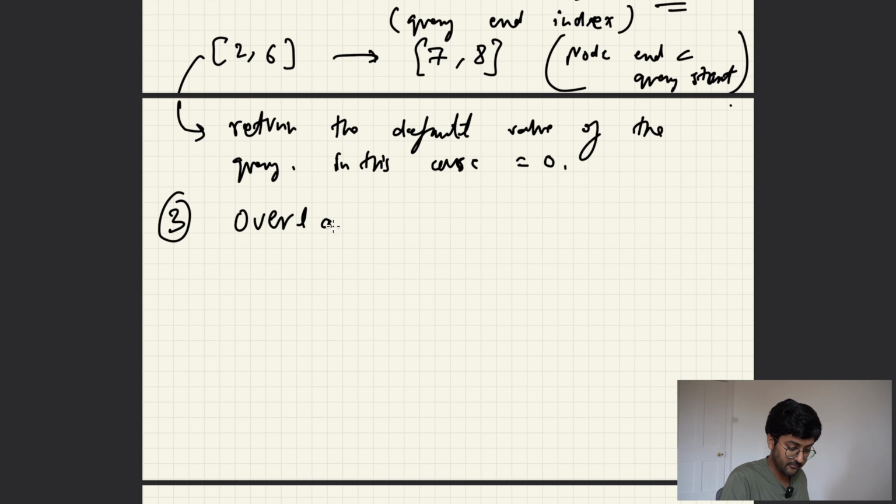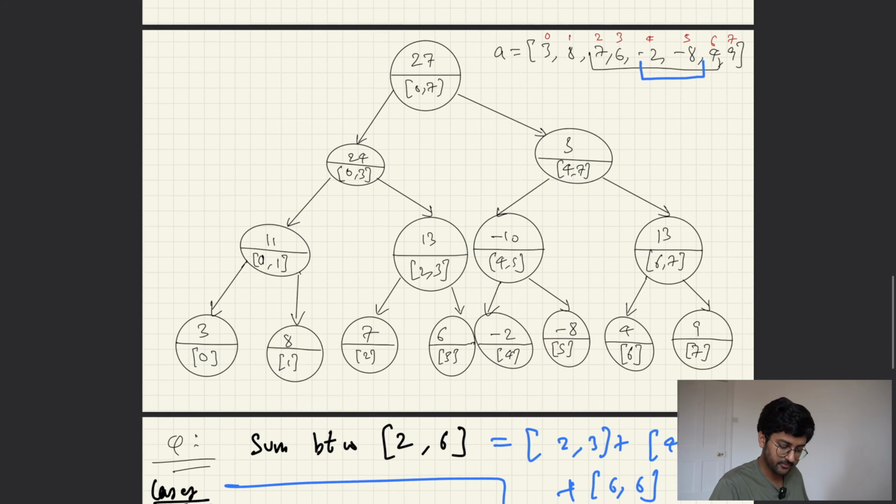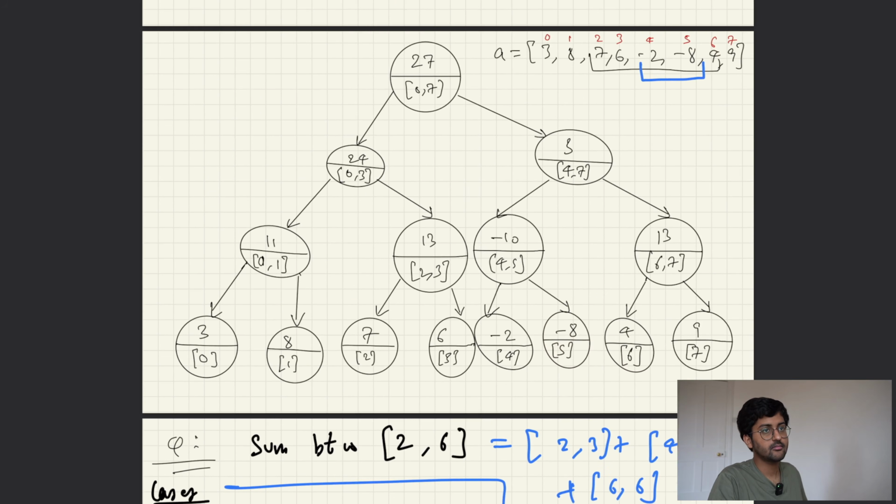Third point, overlapping. For example, if your query is 2, 6, then overlapping can be what? 0, 3, this one. That's overlapping.